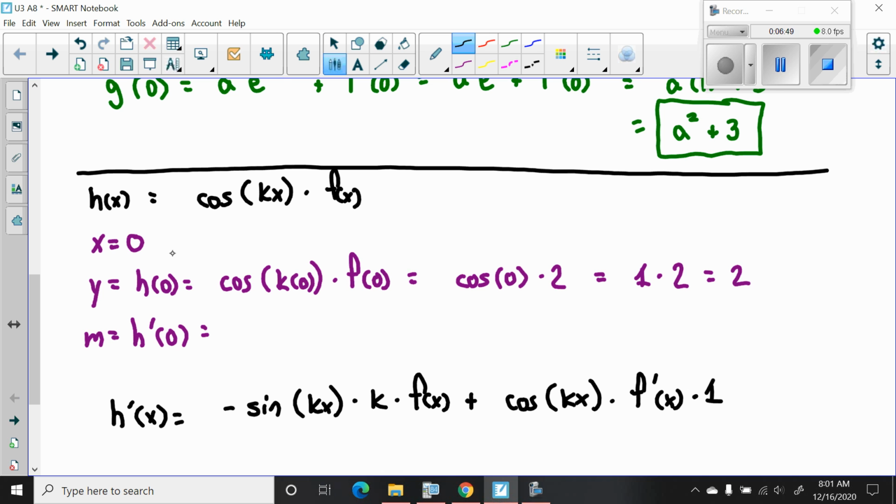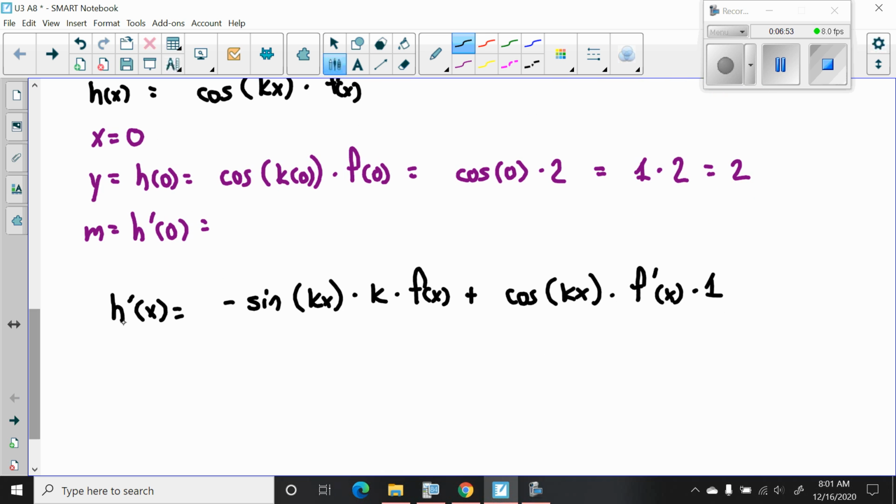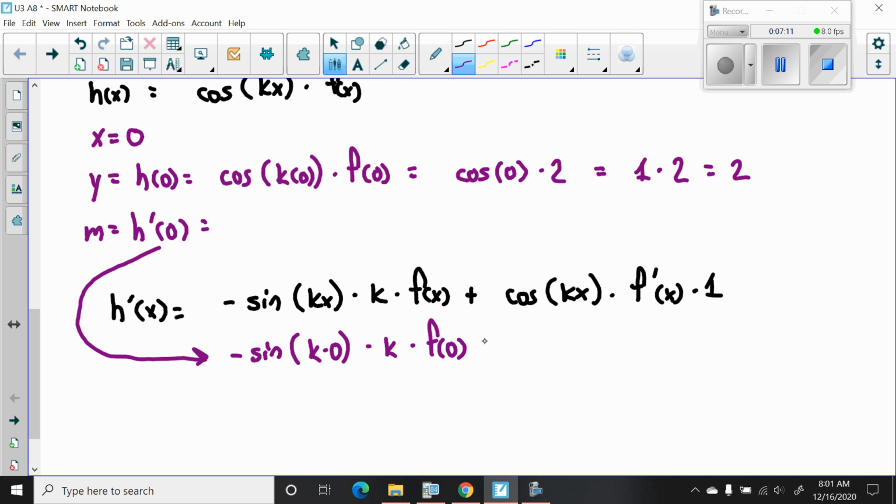All right, and then we're supposed to plug in 0 for all of these. So that's what it's telling us here. So we can get that slope. And that would be negative sine of k times 0 times k times f of 0 plus the cosine of k times 0 times f prime of 0 times 1.